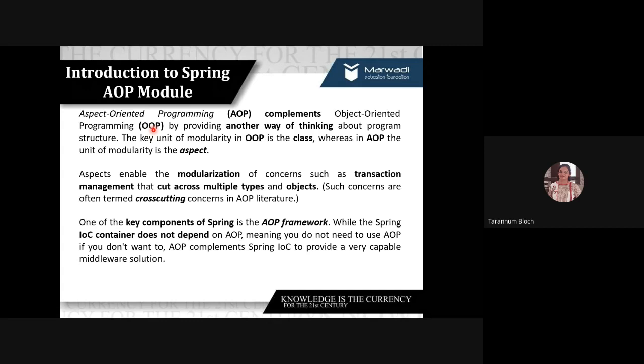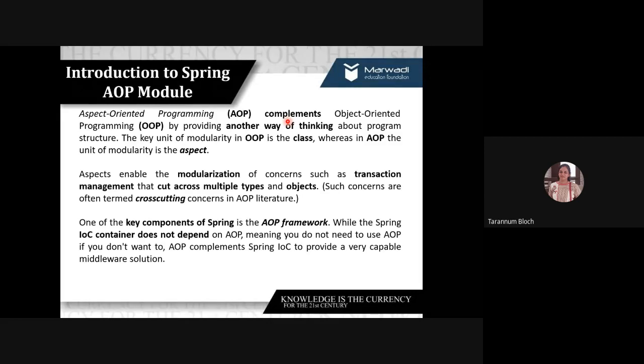Today in the morning I said that complements means to give something additional to the existing thing. For example, if you're going to a very good restaurant and you have planned for dinner, but when you go there they give you a complimentary drink, right? So that complimentary thing is something which complements the existing thing, right?